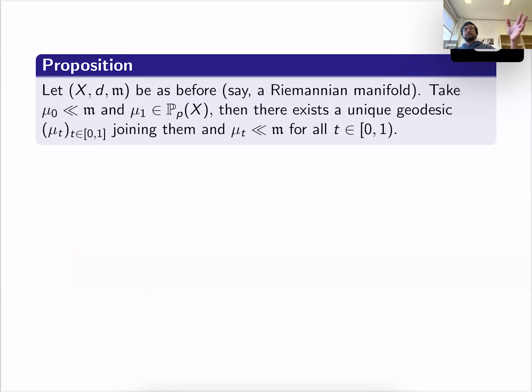So the first one is that if I take X, M as before, or just consider a Riemannian manifold, and you take as an initial measure mu0 one that is absolutely continuous with respect to volume, and any other measure mu1, then there exists a unique geodesic joining them.